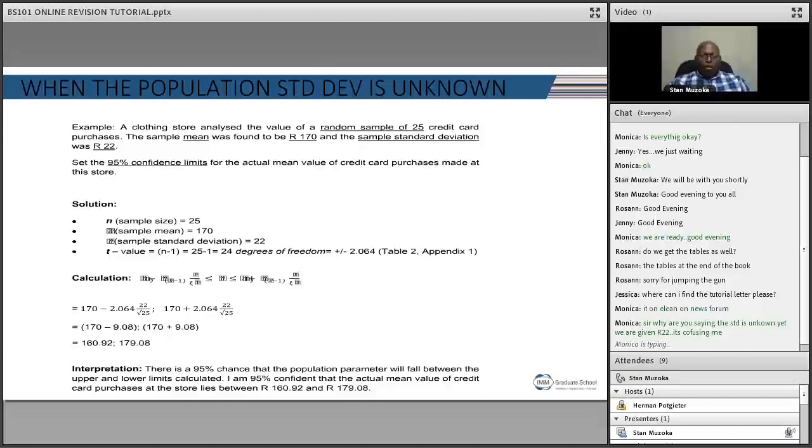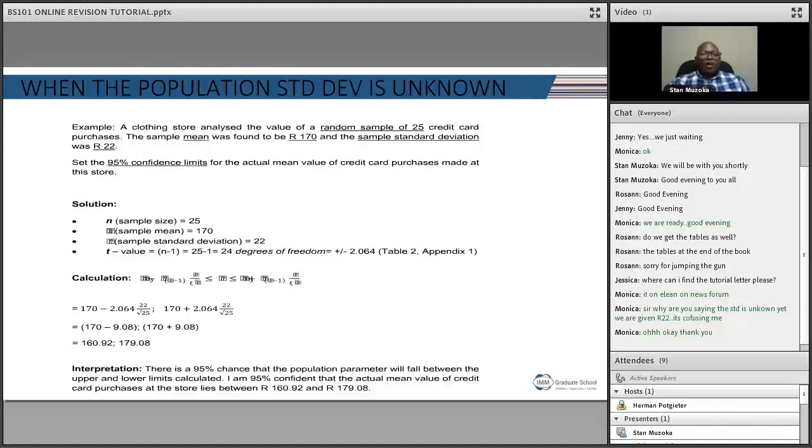The symbol for population standard deviation is sigma. The symbol for the sample standard deviation is s. And that is where the difference is between these two examples.